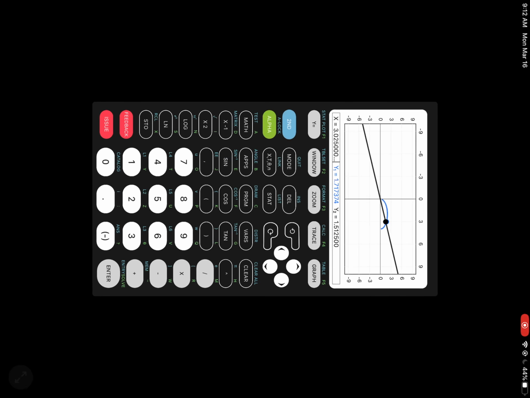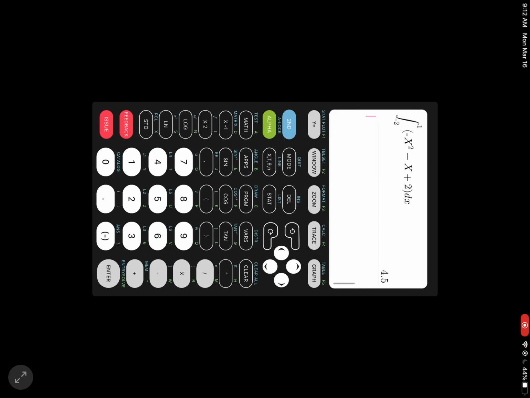All right, let's evaluate this in the calculator. The integral from 0 to 3.025 of the square root of 4x minus x squared, parentheses, minus x over 2.